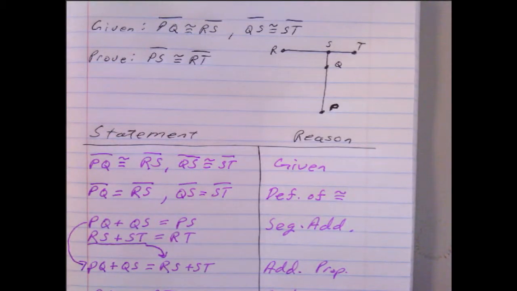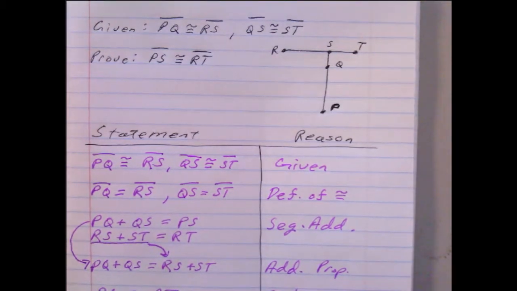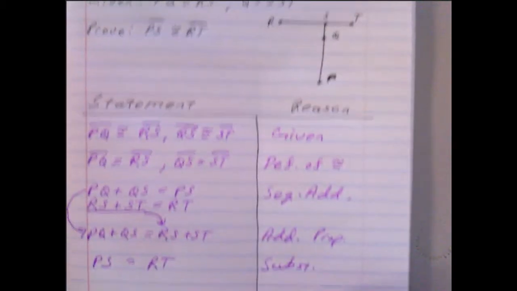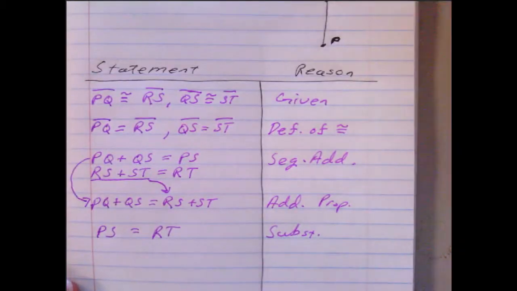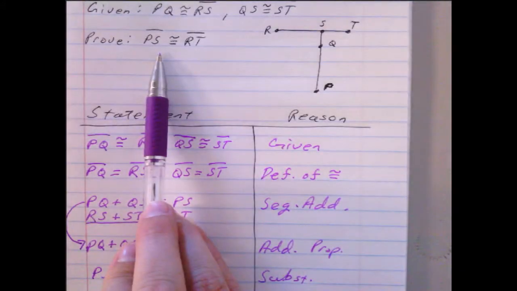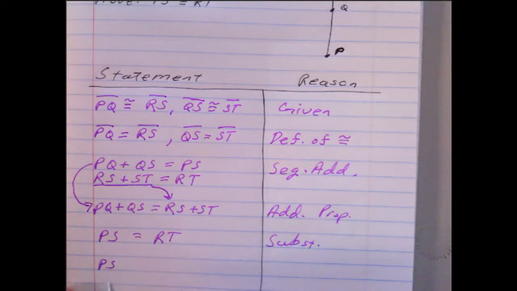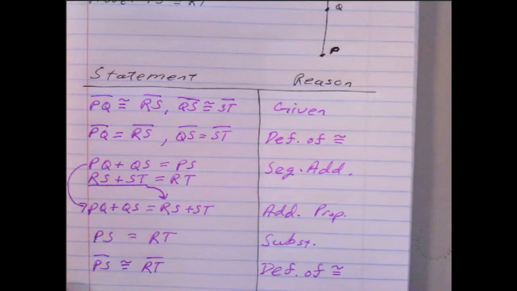So the last piece here is, this is incongruent, this is equal, so we need to change that. Okay, this is an equal, and we want our answer to be congruent, so we've got to change this piece. So now we're going to put PS is congruent to RT, and that is our definition of congruent. Okay?